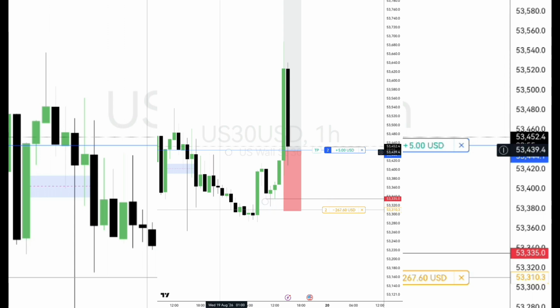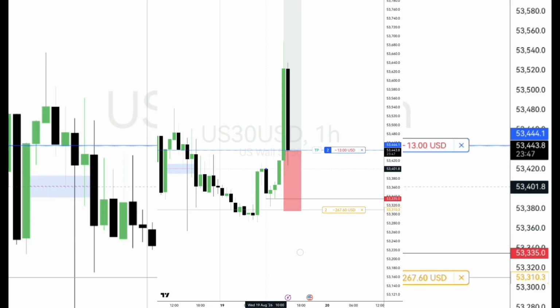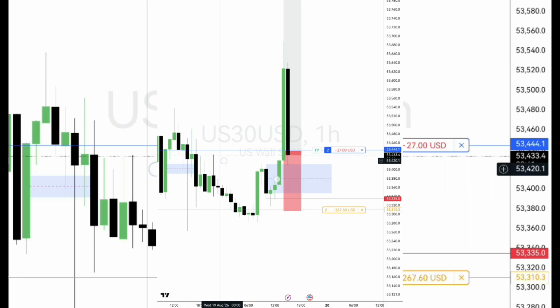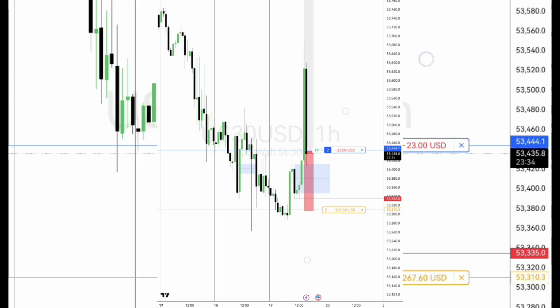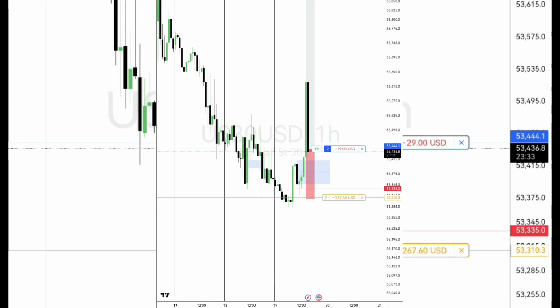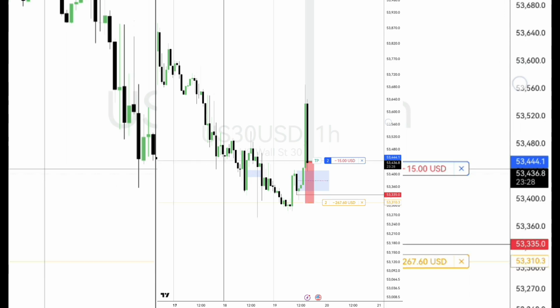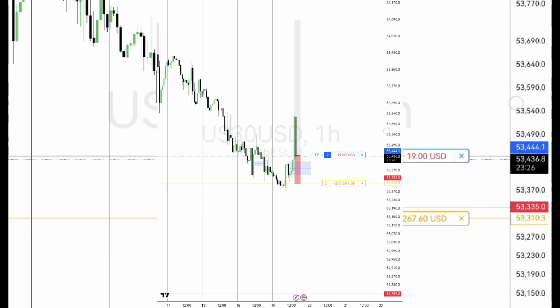This low over here should be very protected, and we have a bullish order block on the hourly time frame as well, and we've got a fair value gap in here as well. So if price is to go down, if this setup is correct, price should not take out this low where the stop is, and then price should start pushing all the way back up.